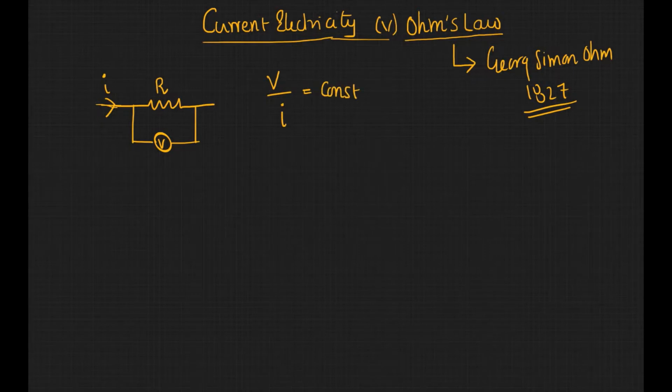Now let's try to make an empirical sense of what it means. Your current is basically coulombs per second, or amperes. If more coulombs are passing through this resistor every second, then you can expect a lot more collisions of those electrons, which go in the opposite direction.